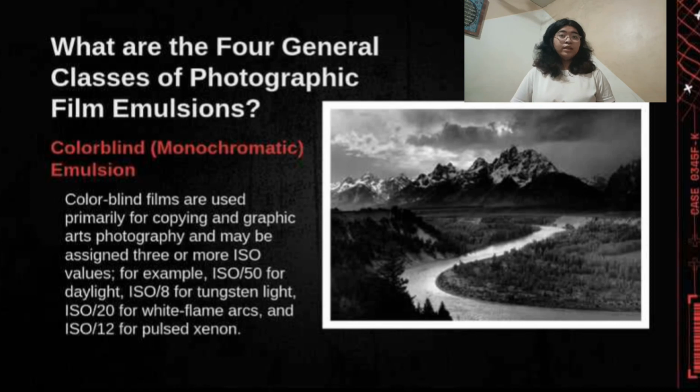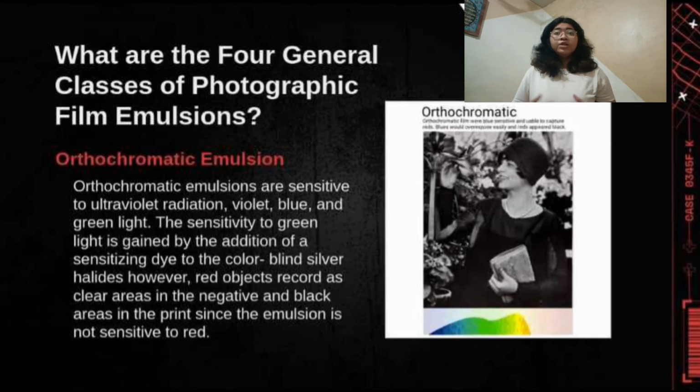Next one is the orthochromatic emulsion. This sensitivity allows it to capture images in a broader spectrum of colors compared to purely monochrome or colorblind emulsions. However, there is a limitation to orthochromatic emulsions. They are not sensitive to red light.